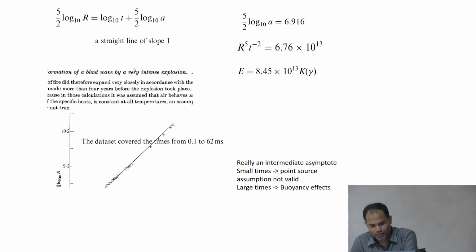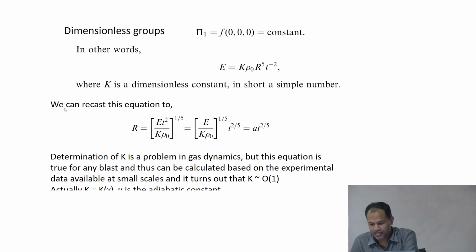He went back to his equation, which you had derived, that R is a function of some constant which is basically dependent upon other quantities, t to the power of 2 by 5, where this constant A will now contain the amount of energy that's involved, right? So he fitted R versus T, calculated A and calculated E, the energy of the bomb.